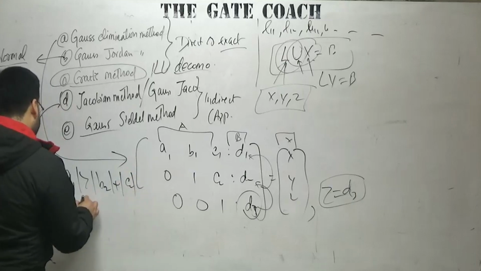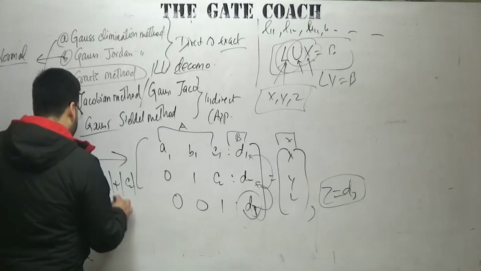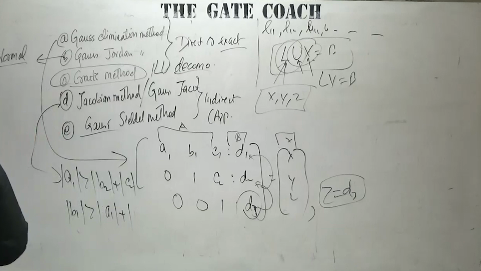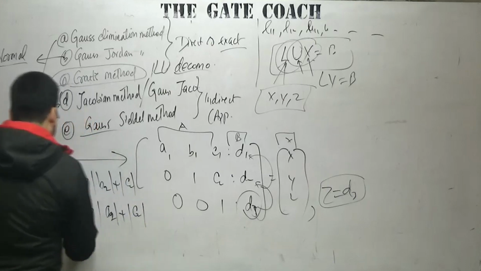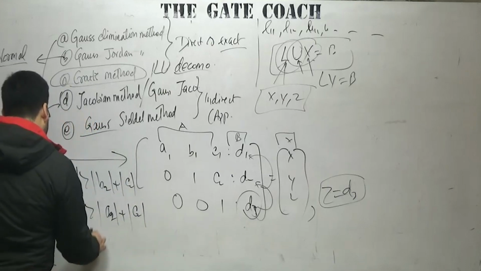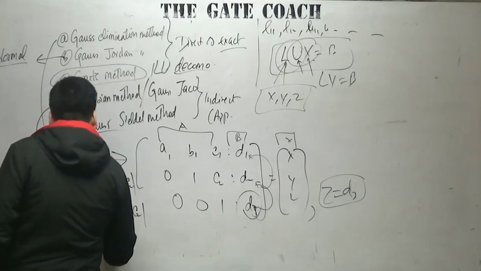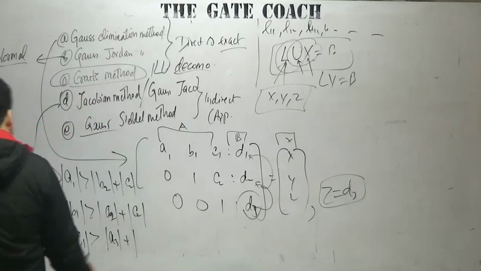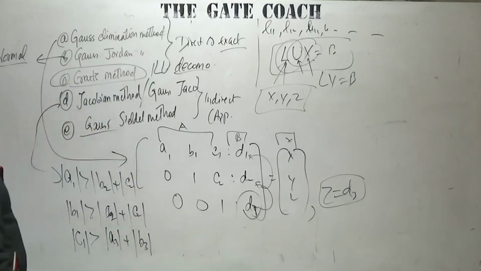Mod of b2 should be greater than mod of a2 plus mod of c2. Mod of c3 should be greater than mod of a3 plus mod of b3. This is the condition which should be satisfied.